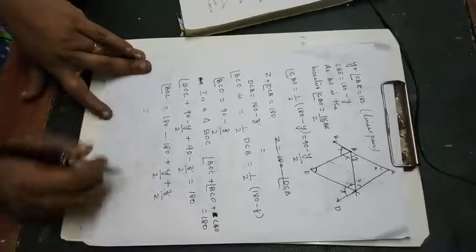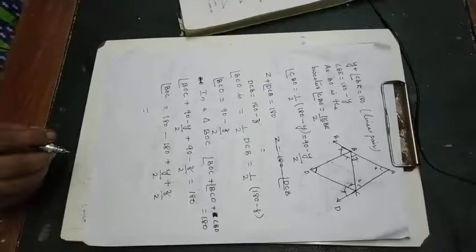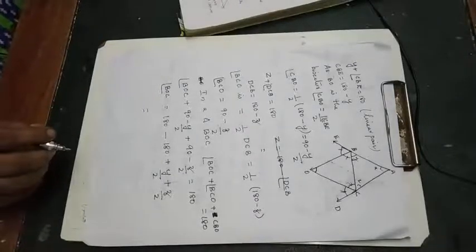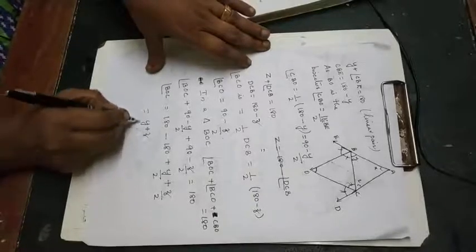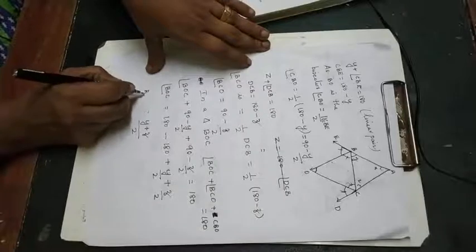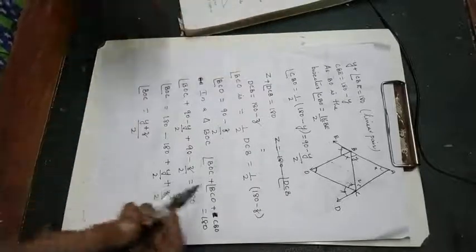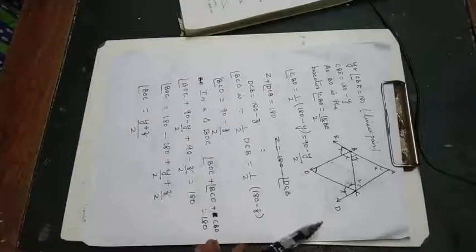So you are getting y plus z divided by 2. So BOC is equal to y plus z divided by 2.